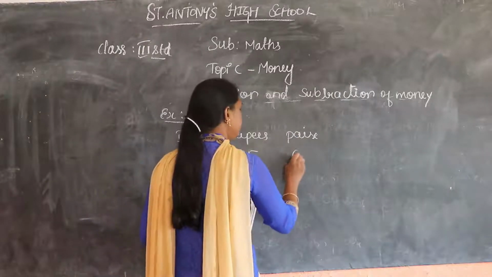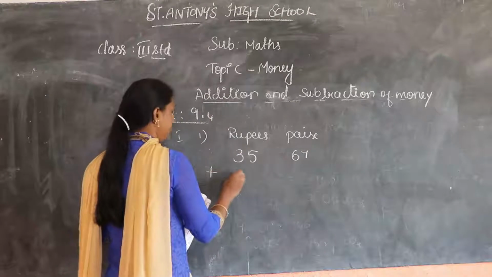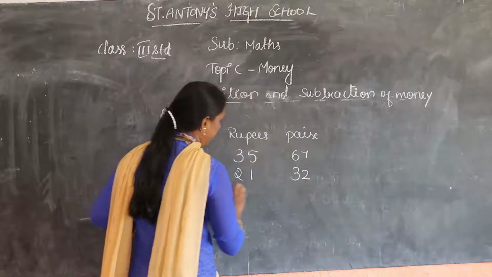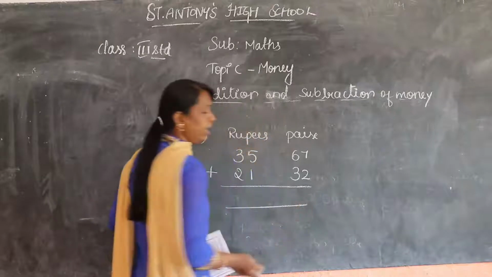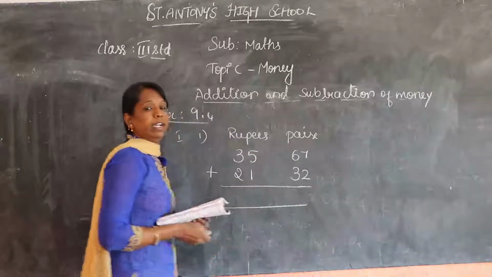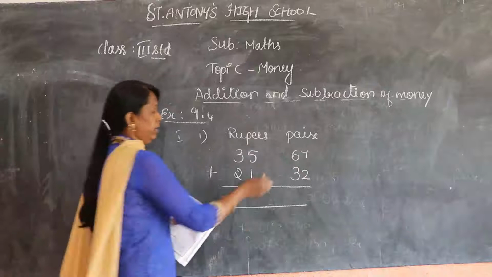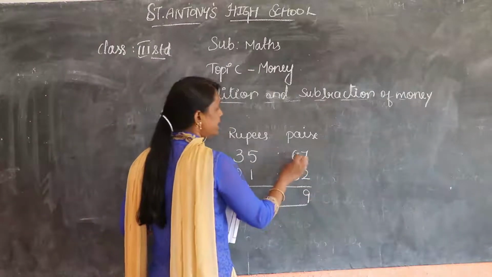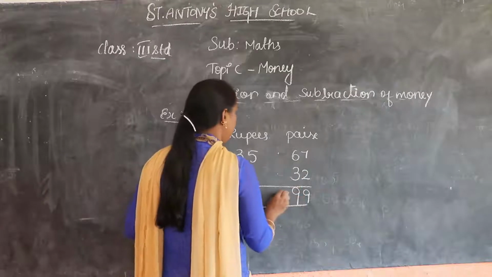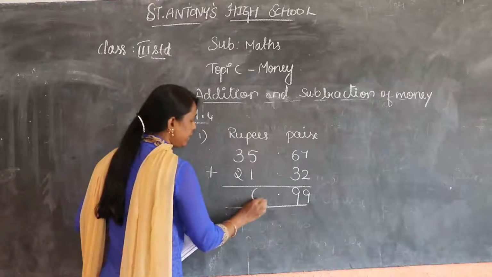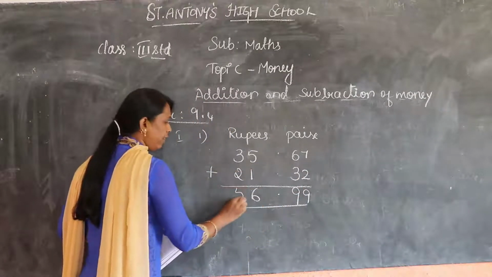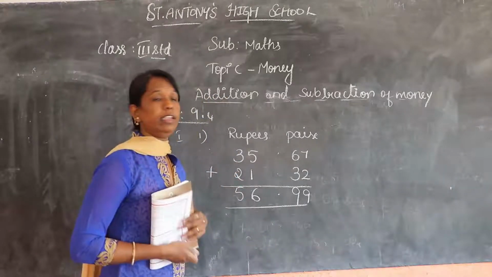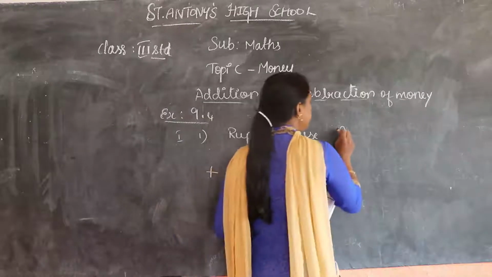Below paise write down 67 plus 21, 32 paise. Write down neatly using your scale. Now we have to add. Okay, 7 plus 2 becomes 9, 6 plus 3 becomes 9, 5 plus 1 is 6, 3 plus 2 is 5. So if they are given like this, we have to add directly.